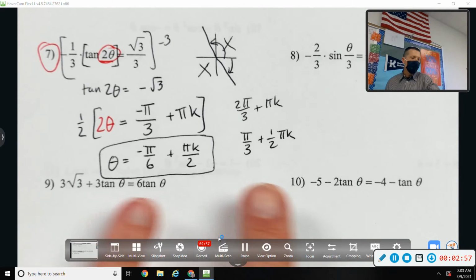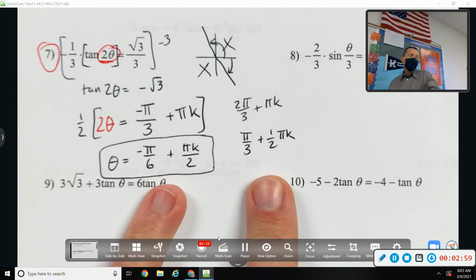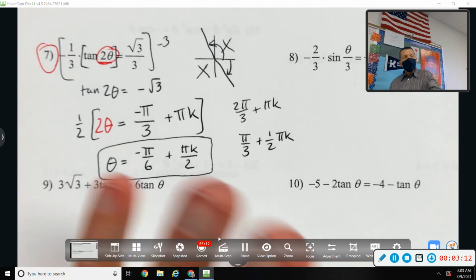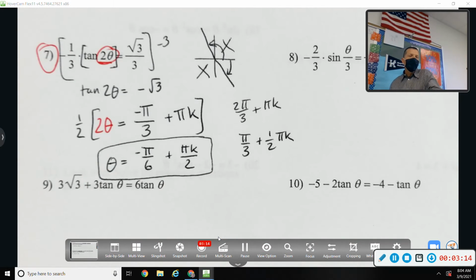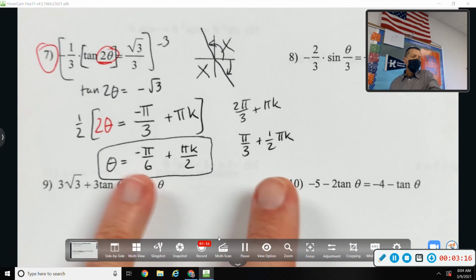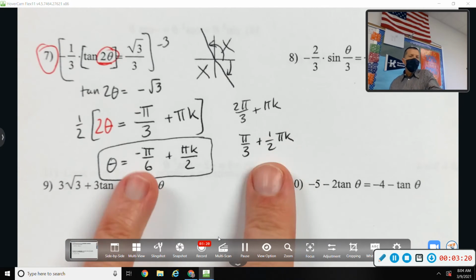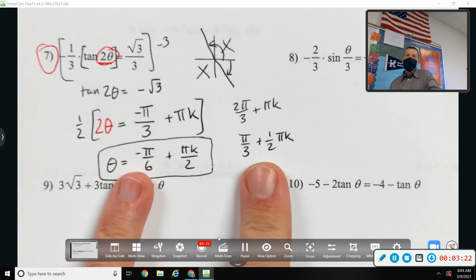Even though those look very different, they're describing the same set of angles. So that you don't have to worry about it. When you come up with one set of answers that describes everything, you're good. I'm just going to have to be careful, because people are going to answer this question differently, and both of those answers are correct.